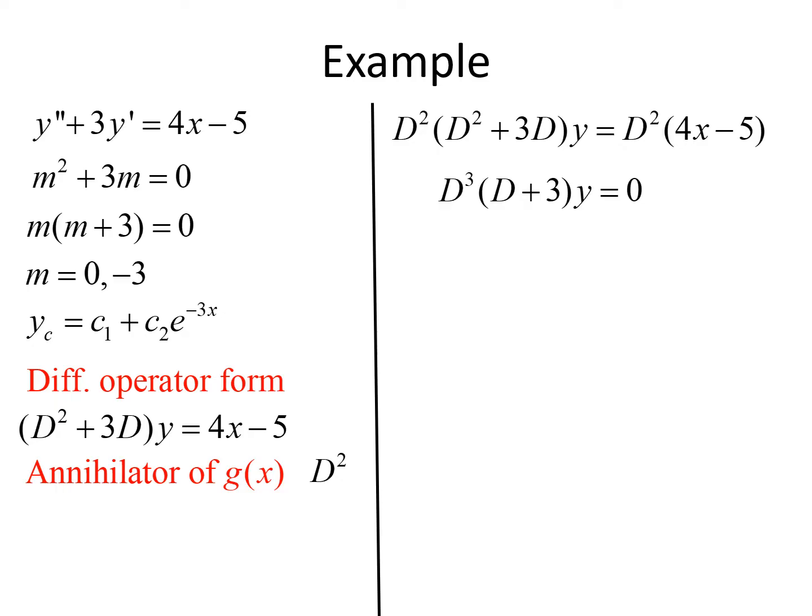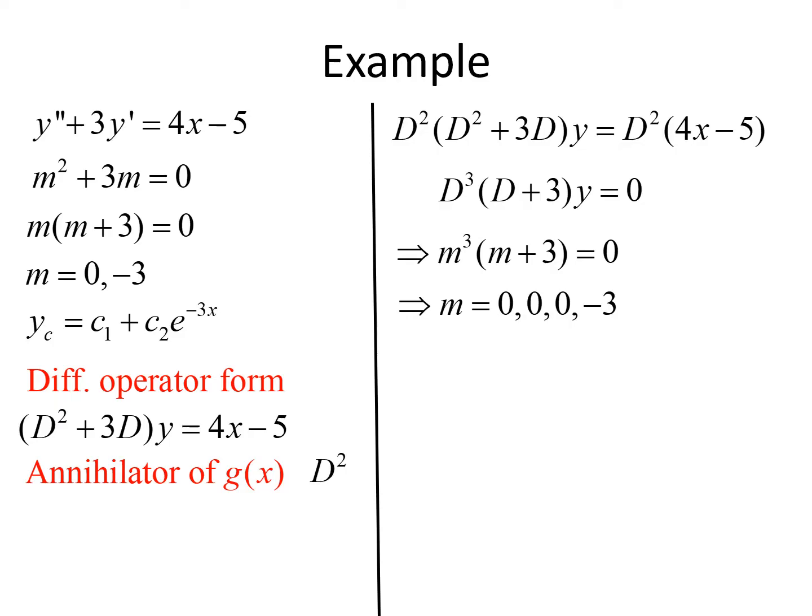Once we have the homogeneous equation, we can switch over to m's, so we can find the auxiliary equation. So that's going to be m cubed times (m plus 3) equals 0. And that means that the roots of our auxiliary equation are going to be 0, 0, 0, and negative 3.